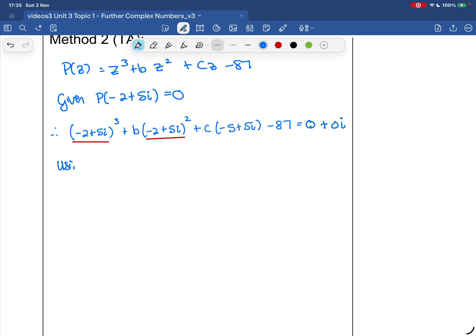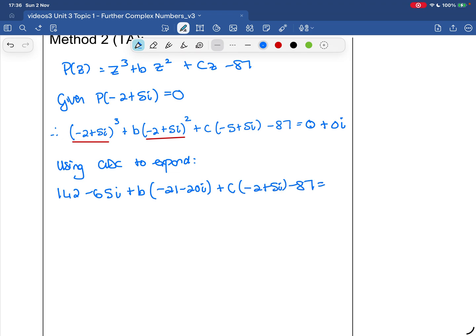So using GDC to expand, what I get is 142 minus 65i plus b times (minus 21 minus 20i) plus c times (negative 2 plus 5i) minus 87 is 0 plus 0i.